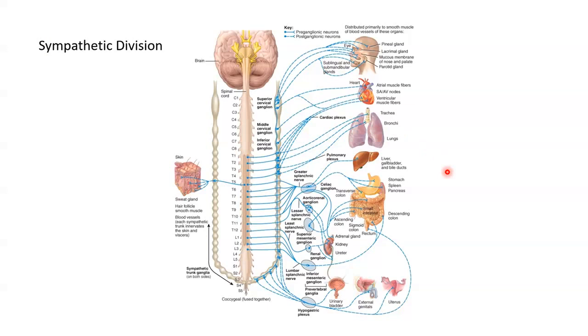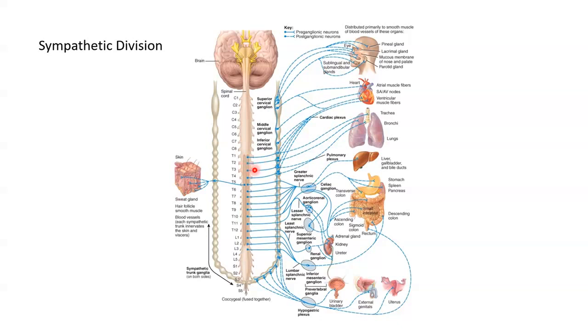Once a preganglionic sympathetic neuron exits the spinal cord, it can synapse with the postganglionic neuron in a number of different ways. First, it can exit the spinal cord and directly synapse with the first ganglion that it reaches, synapsing there with our postganglionic neuron. It can exit the spinal cord, reach the first ganglion, and then either ascend or descend to another ganglion, where it synapses with a postganglionic neuron.